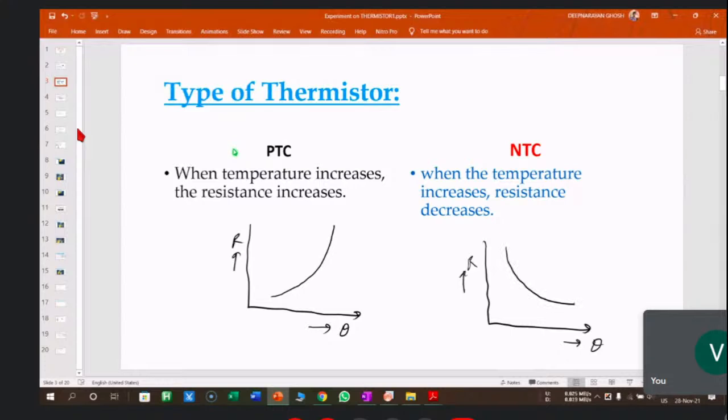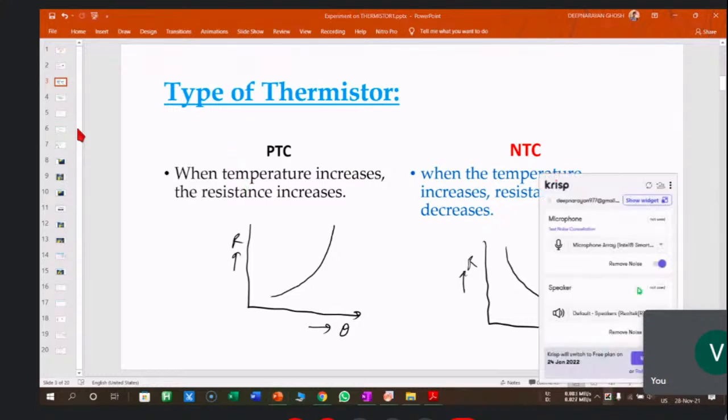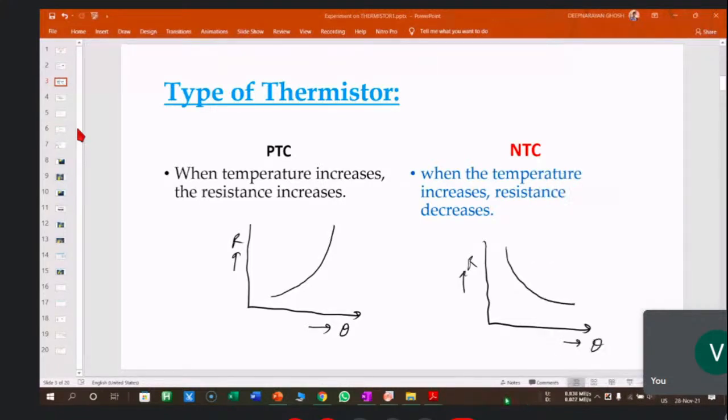So if we measure resistance and calibrate the thermistor so that a particular resistance shows a particular temperature, then after calibration we can use the thermistor as a temperature sensor.